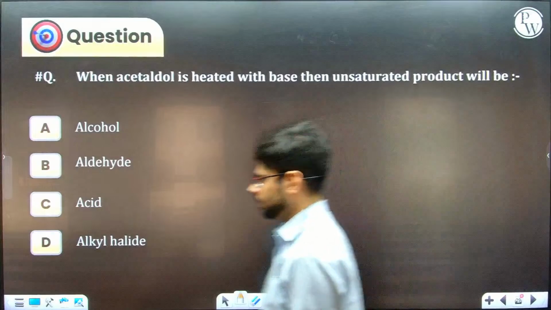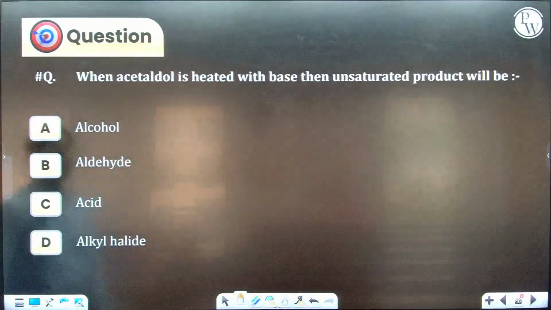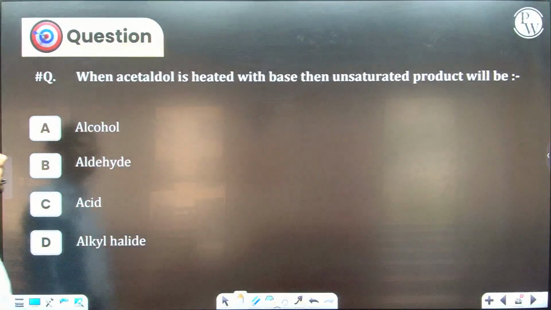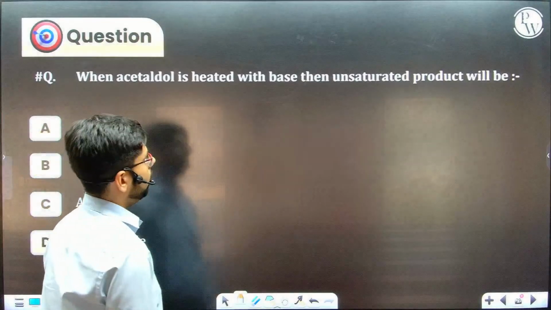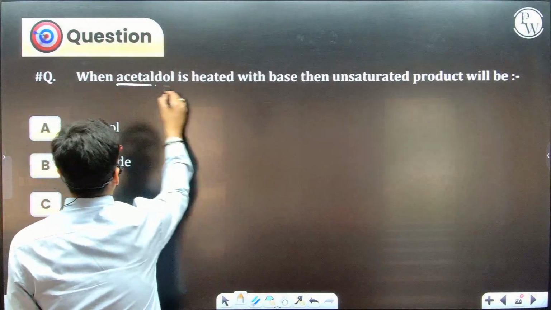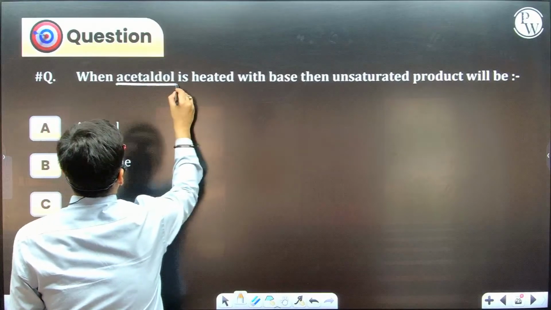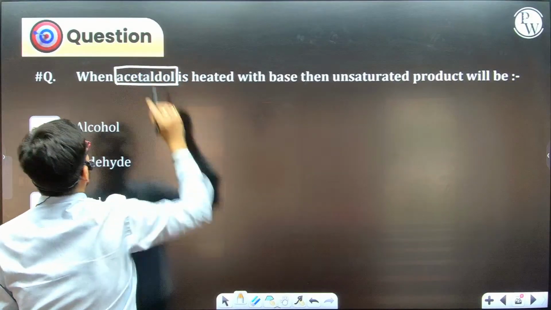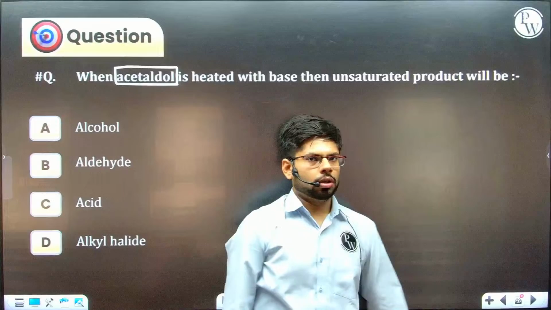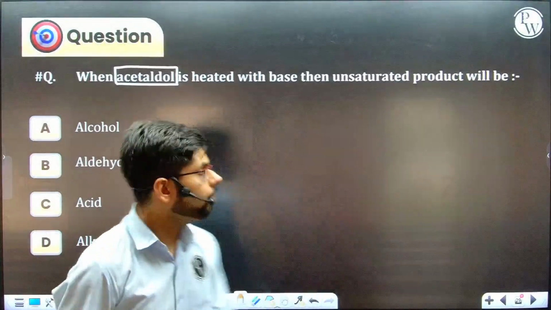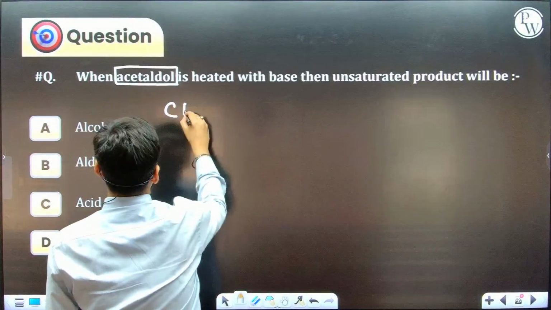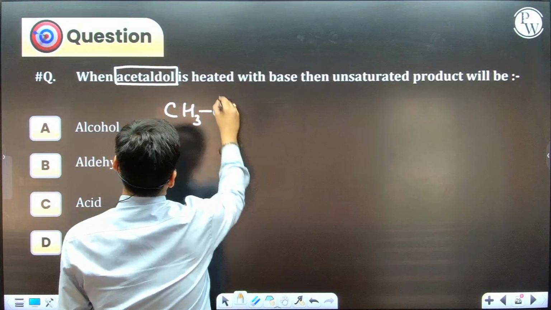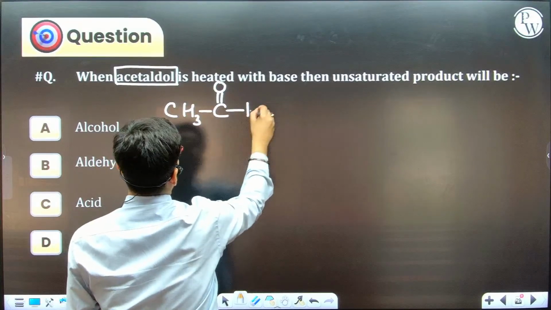Next question. When acetaldol is heated with base, the unsaturated product will be? Now what is this acetaldol? Acetaldol is an aldol obtained from acetaldehyde. This is acetaldehyde.